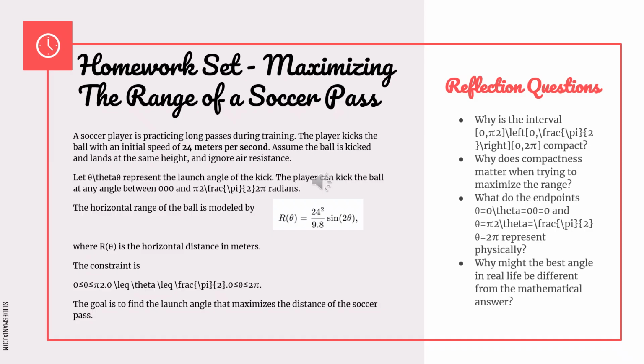What do the endpoints, theta equal to 0 and theta equal to pi over 2, represent physically? And why might the best angle in real life be different from the mathematical answer?